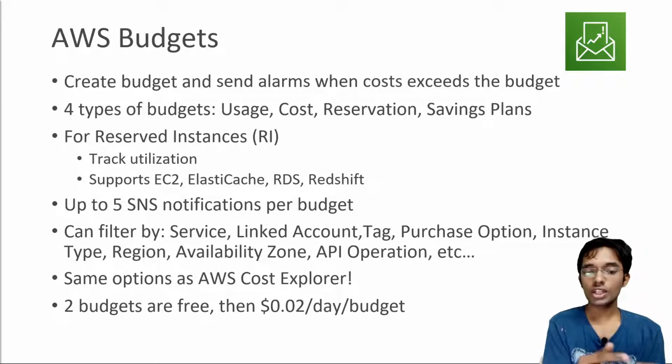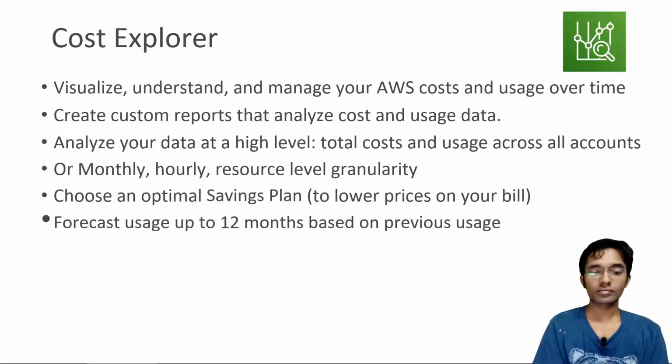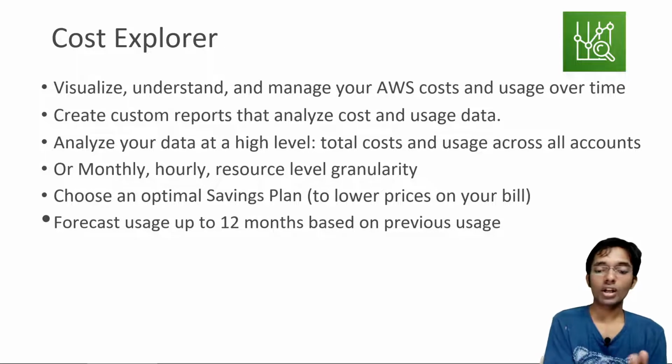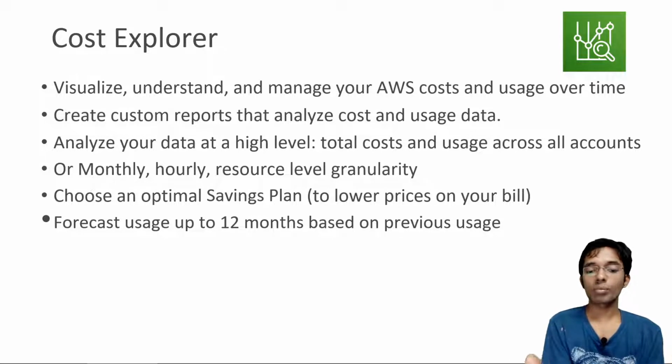Talking about Cost Explorer, it's a way for you to visualize, understand, and manage your AWS cost and usage over time. And you create custom reports, and that will analyze your cost and usage data. You are going to analyze your data at a high level, so you are going to get an overview of your total costs as well as usage across all accounts. But you can go deeper and analyze it monthly, hourly, and at the resource level.